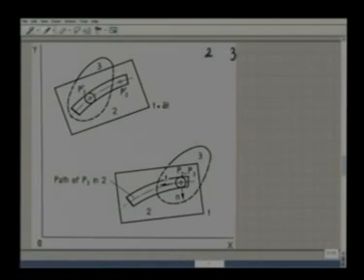If we want to find out the velocity of the point P3, as we see, the displacement of the point P3 during this time delta t is given by the vector P3 to P3 prime.